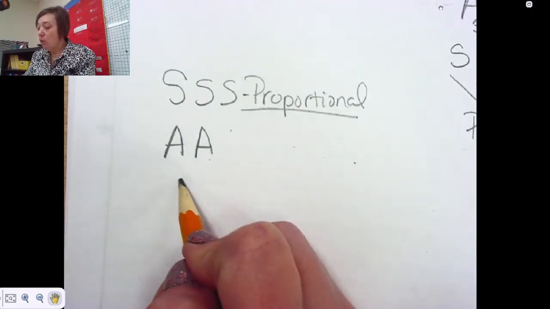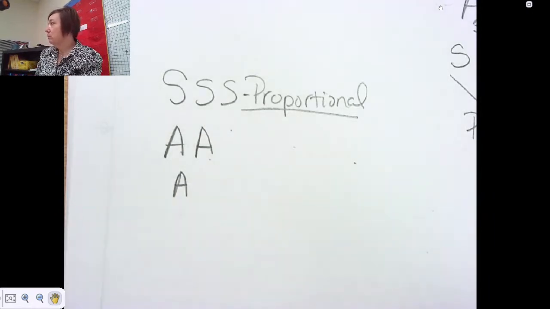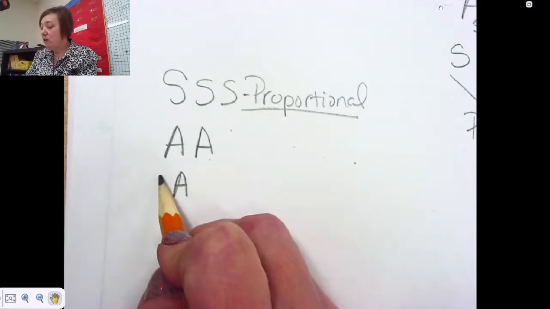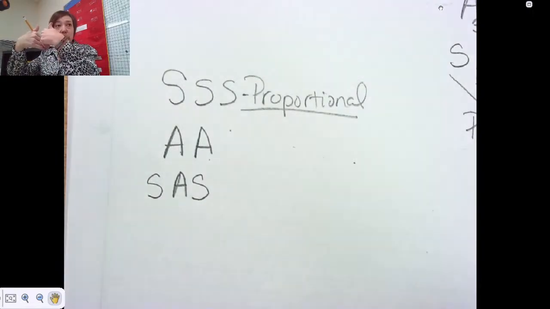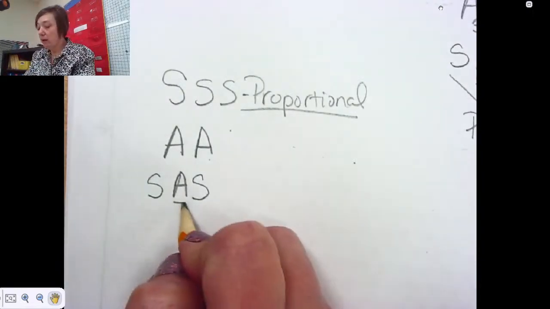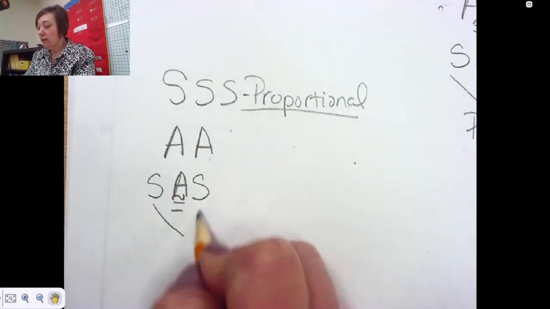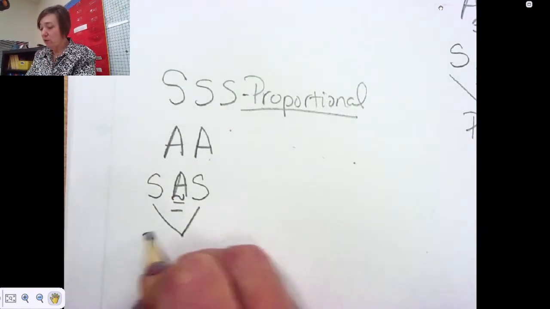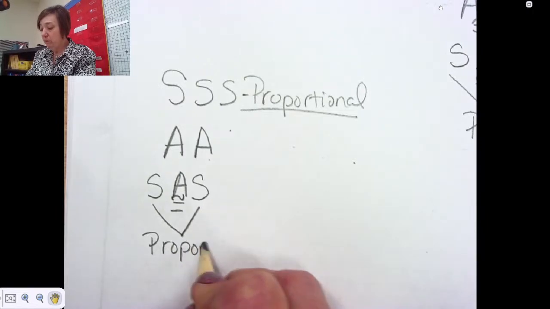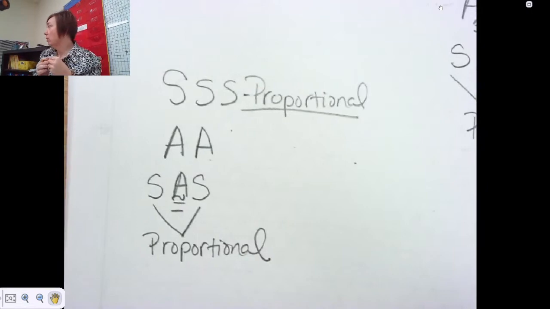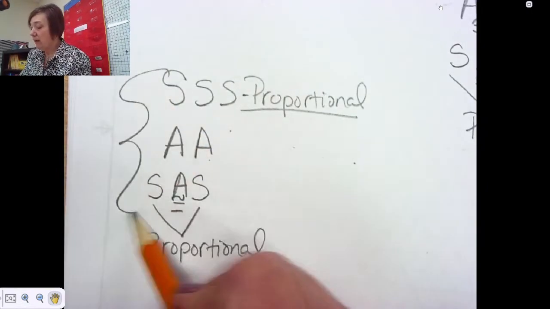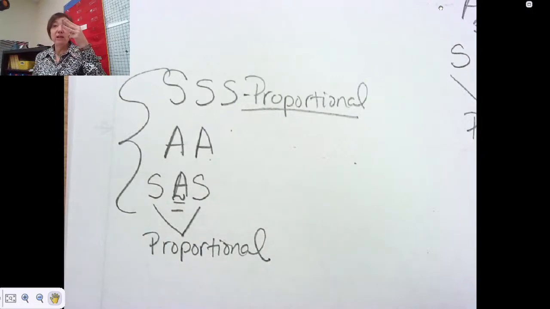If you know one angle is the same in the two triangles, and you know that the two sides that make that angle are proportional, so the angles are congruent and the two sides are proportional, then that tells you that those triangles are also similar. Okay? So these three things are three different ways that you can prove two triangles are similar.